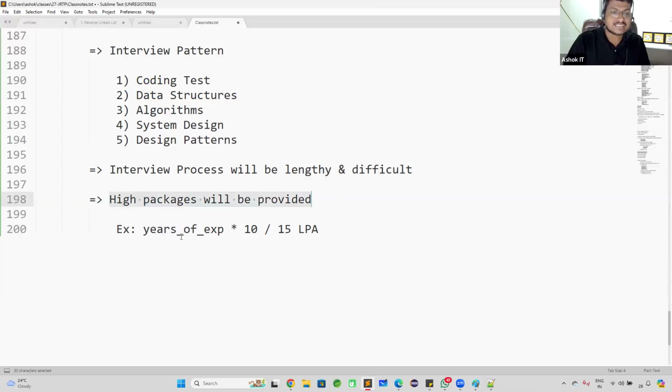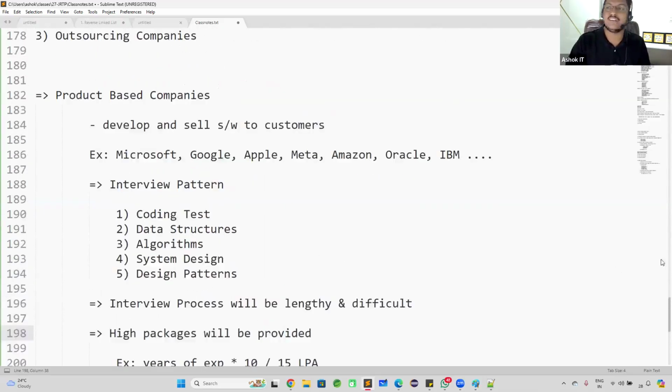Years of experience multiplied by 10 lakhs also they can offer. Are you guys getting my point?